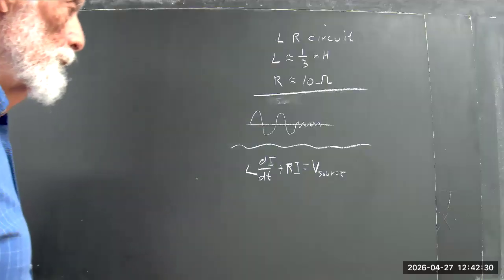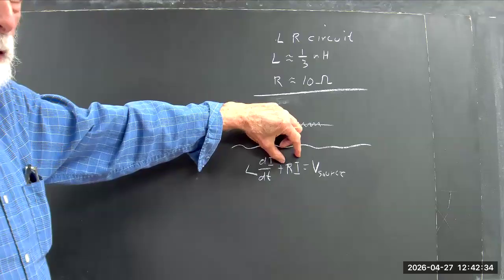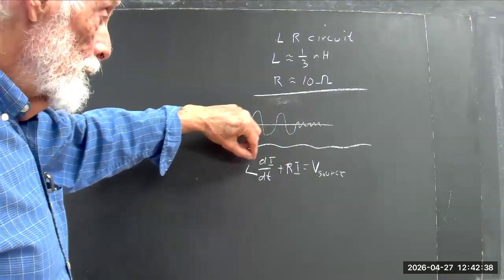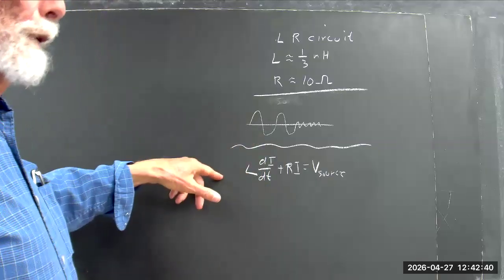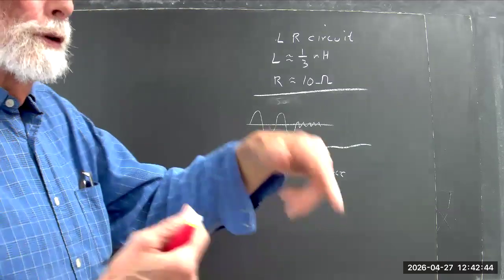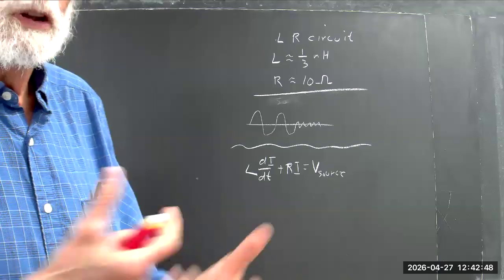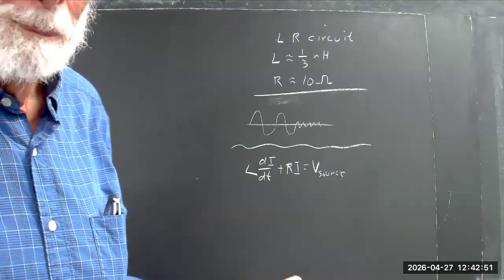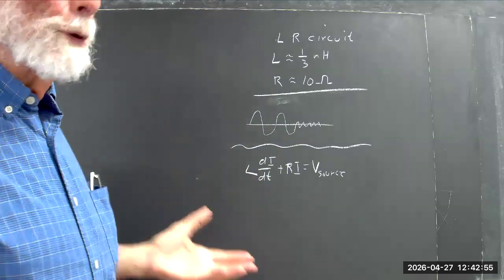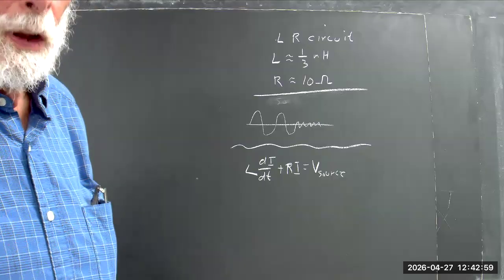L di dt plus R times I is the voltage of the source. R times I, of course, is the voltage drop across the resistor. And L di dt is the voltage drop across the inductor. You know that when you change the current through a coil, it produces a back EMF. It slows everything down. That doesn't slow everything down, but it puts a lid on things. It's like a resistance. We'll see what that is in a minute. Okay?